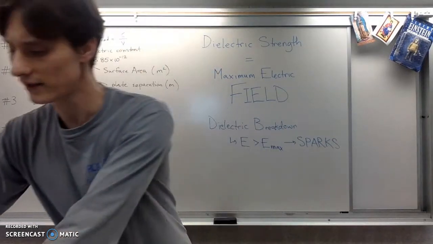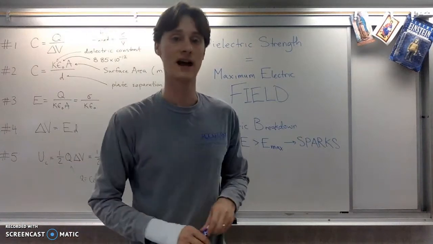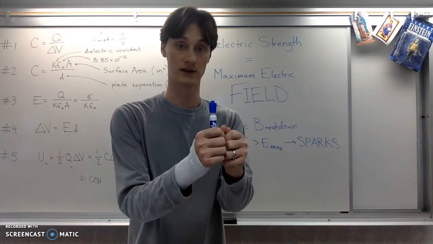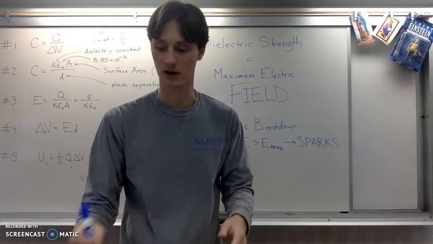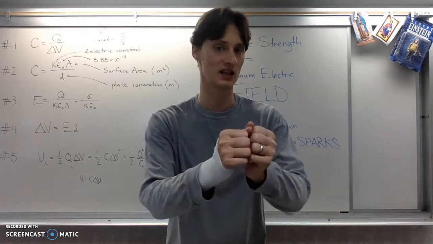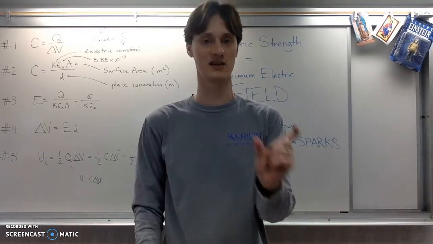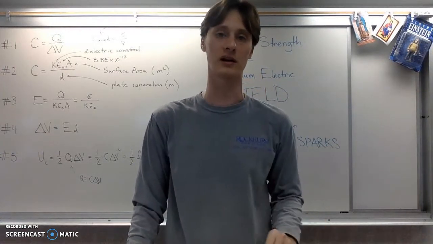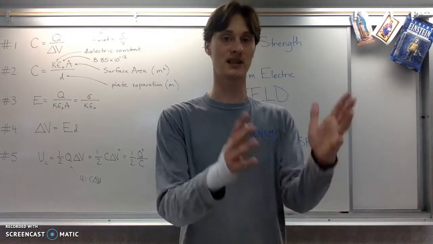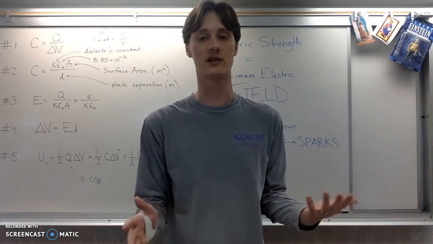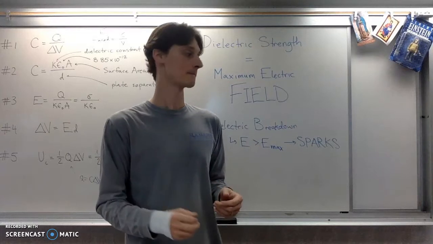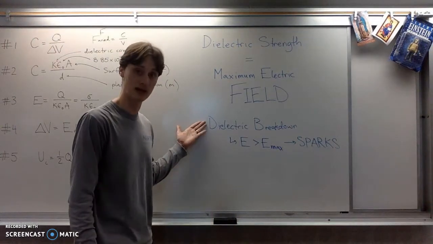So dielectric breakdown, that's where you have charge jumping from one plate to another. That's what sparks are. If you've ever had a cotton sheet next to a fleece blanket and you rip them apart really fast and there's like a 3-inch long spark, or you stand up off the fuzzy couch and then you touch someone and bazap, or the faucet or whatever thing you happen to touch next, that spark is dielectric breakdown occurring.